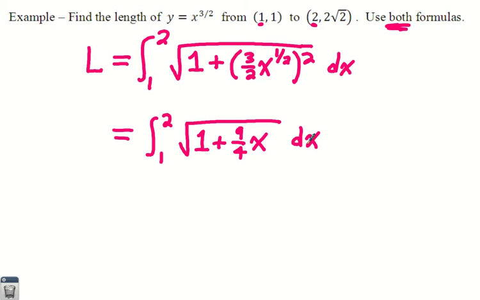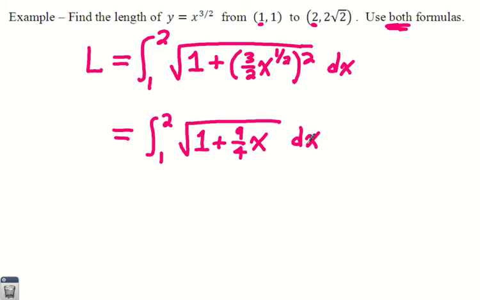Math 9. That's the math button, and it's option number 9. So math 9 to get to function integrate. We've got to do the whole square root here. 1 plus, I'm going to put 9/4 in its own set of parentheses because I'm paranoid like that, but I don't think it would be necessary. Better to be safe than sorry.